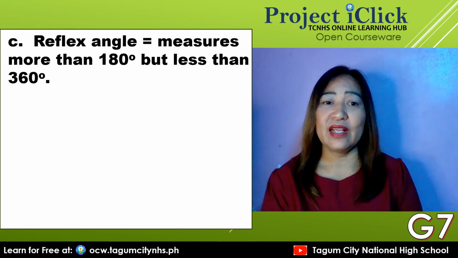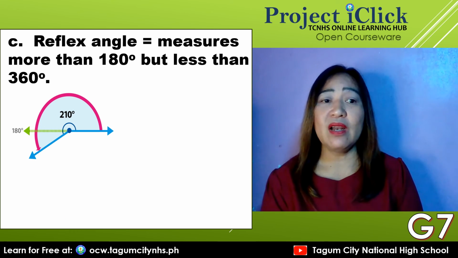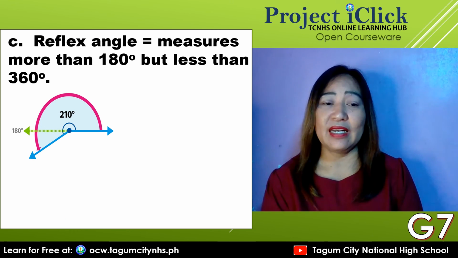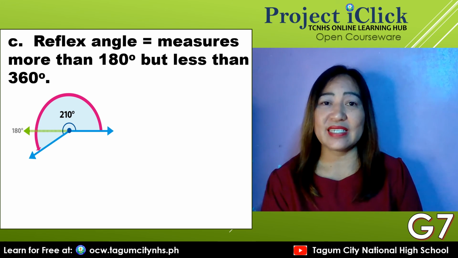Reflex angle measures more than 180 degrees but less than 360 degrees. This is an example of a reflex angle, an angle that measures 210 degrees. It measures more than 180 but less than 360 degrees.